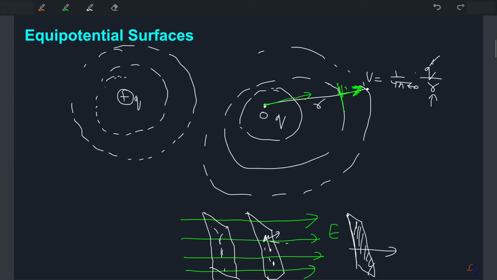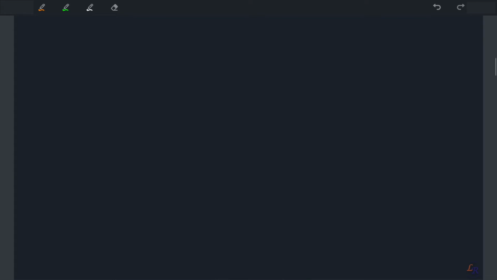Also, based on this discussion that the electric field is perpendicular to the equipotential surfaces, you can draw the equipotential surfaces for a dipole or multipoles, or for example two similar charges.